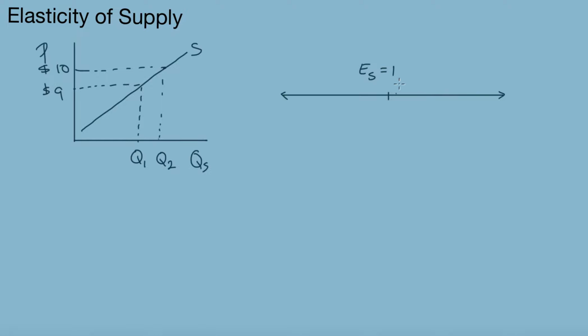If it's equal to 1 or 1.0, we would call that unit elasticity of supply. Okay, so that means that over here to the right, if the elasticity of supply is greater than 1, then we are going to have an elastic supply curve, and if the elasticity of supply is less than 1, we are going to have an inelastic supply curve.